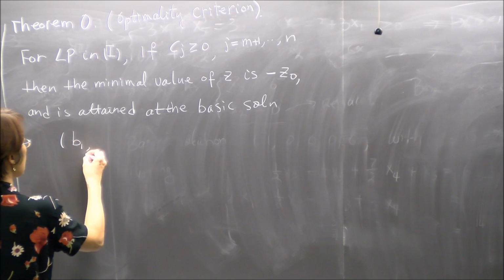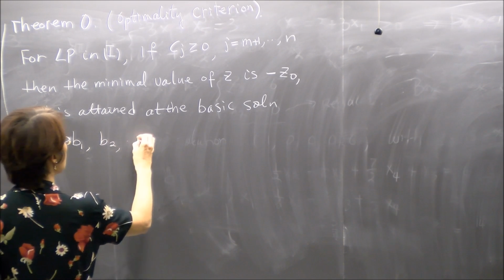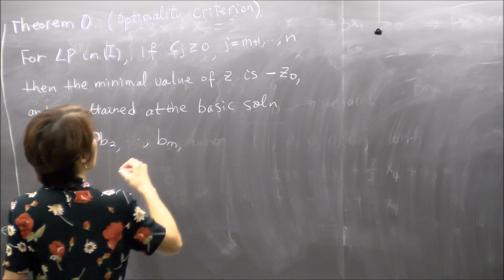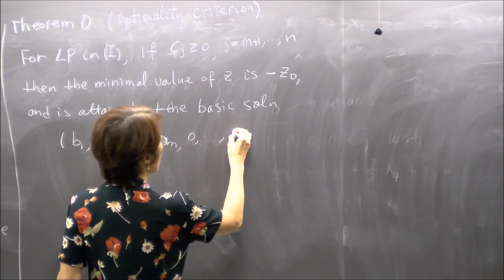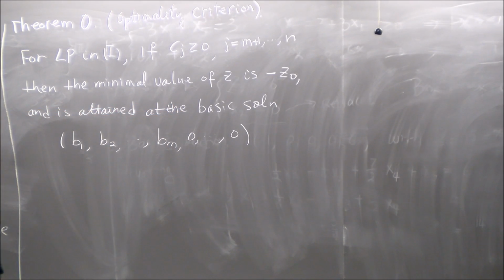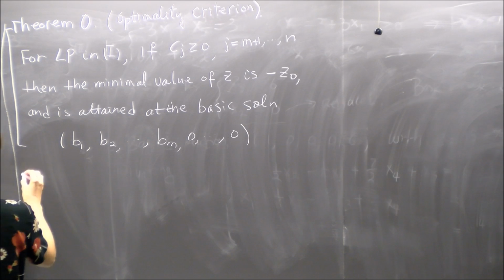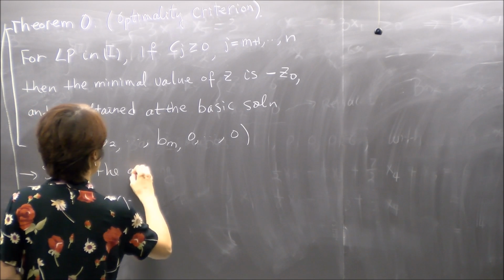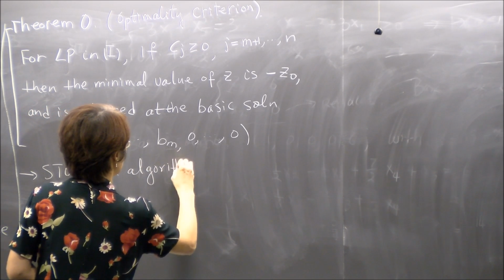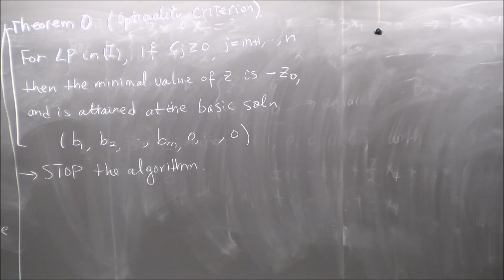So I will have b1 for x1, b2 for x2, all the way to bm for xm, and for all the non-basic variables, they will be all 0. Is that clear? Okay? So this theorem gives you a clear criterion: if this is satisfied, then I stop the algorithm. I'm done. Is that okay? All right.